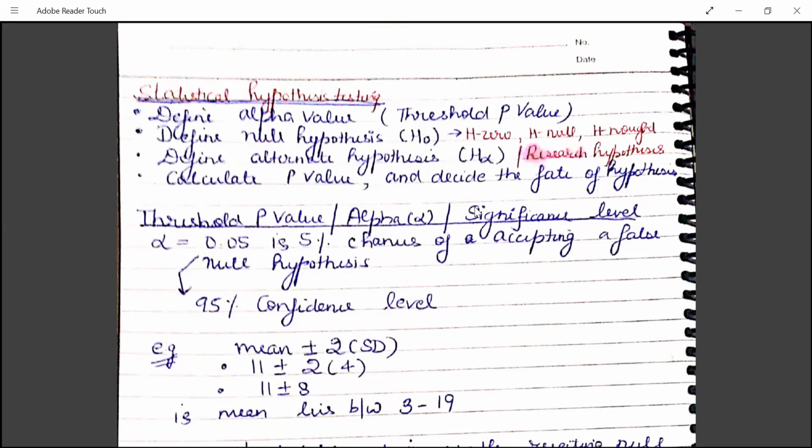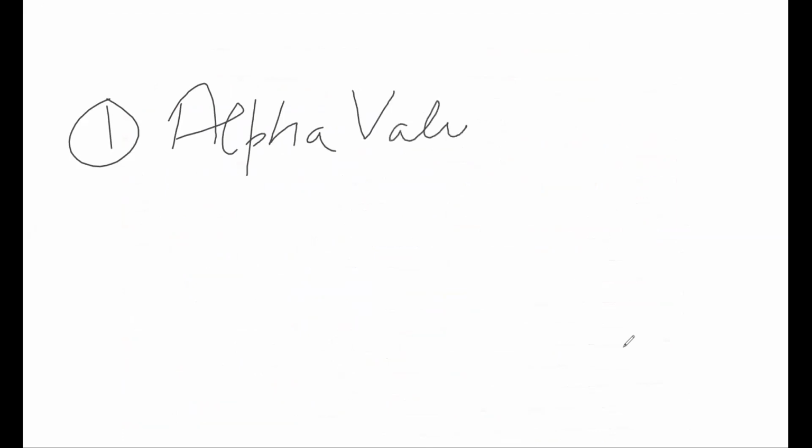So, what would be the basic procedure for statistical hypothesis testing? It usually involves five major steps. First one is that we have to define an alpha value. We will discuss the meaning of alpha value after a few minutes.